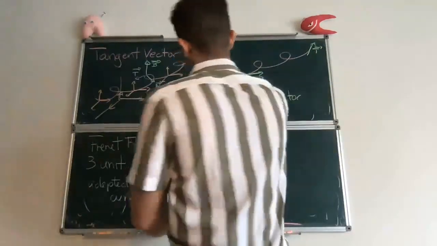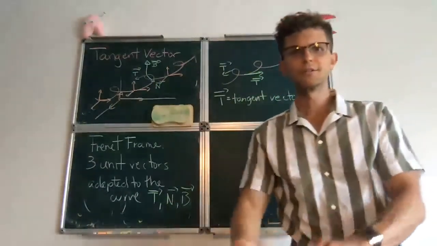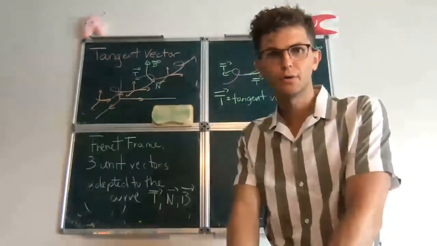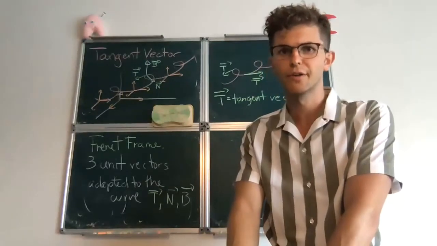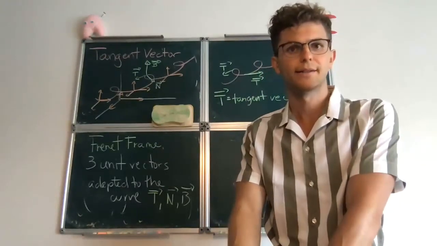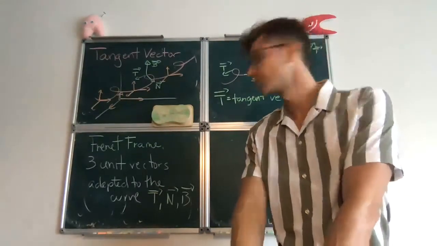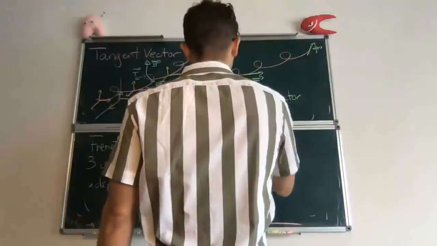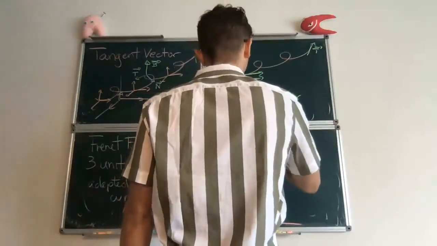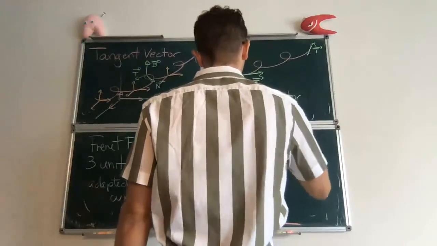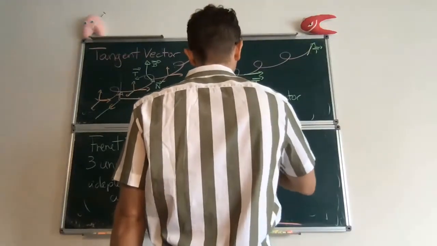Now, there's already a vector that you know, which is tangent to a curve. That's the velocity vector, right? So there's already a candidate, which is the velocity vector.